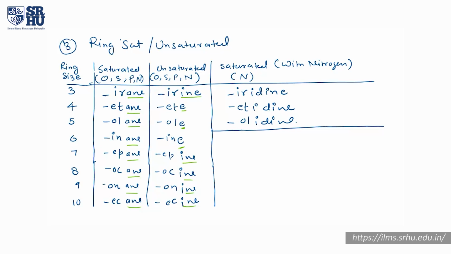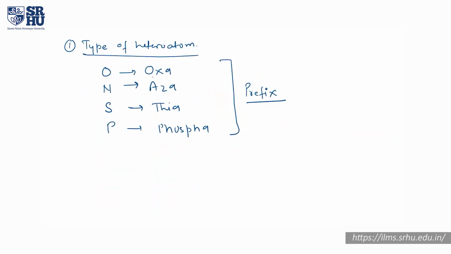Okay, now let's see what should be the name of this heterocyclic compound. As you have seen, the name of the heteroatom is given first, so for oxygen the word oxa is used.